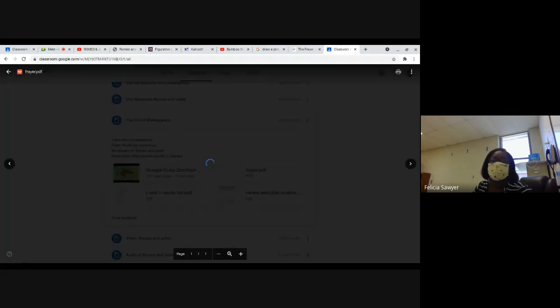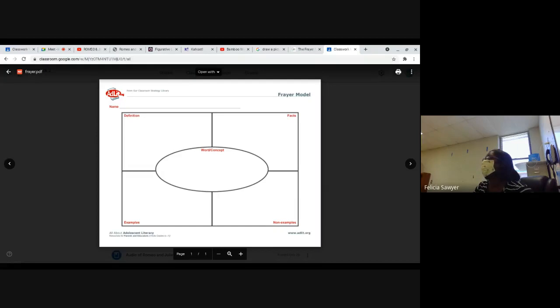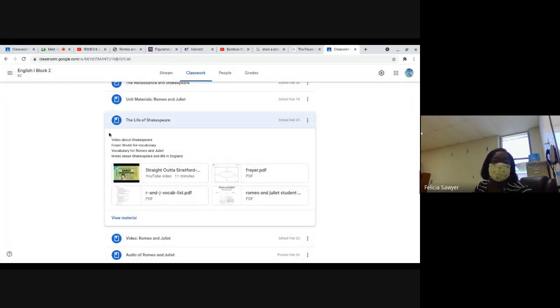Under the Life of Shakespeare, here's the Frayer model that you can download and write in. Here are also the vocabulary words that you need to choose from.